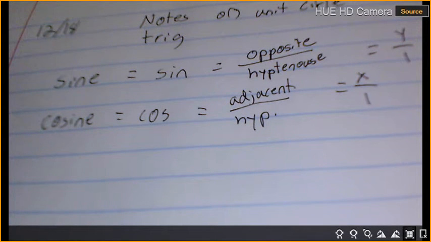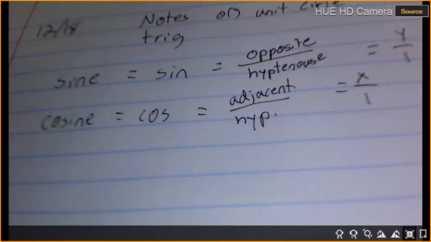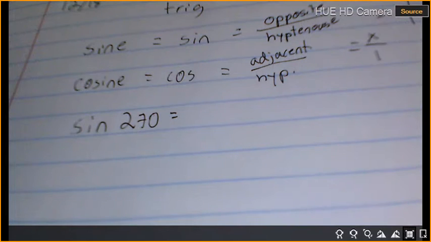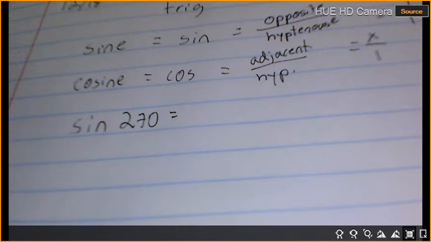So, real quick, let's just answer a couple questions on this. If I said sine of 270, what would my answer be? Find 270. What's the sine of 270? Anybody? What is it?